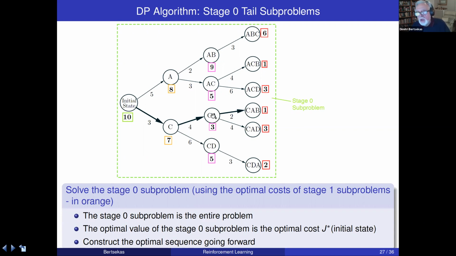And then I can move forward again, look at the red numbers, and look at this operation and that operation. By comparison, I obtain the optimal scheduling decision. And by backwards calculation of optimal cost of tail subproblems and forward generation of the optimal schedule, I have solved my problem. This is the dynamic programming algorithm for this example.